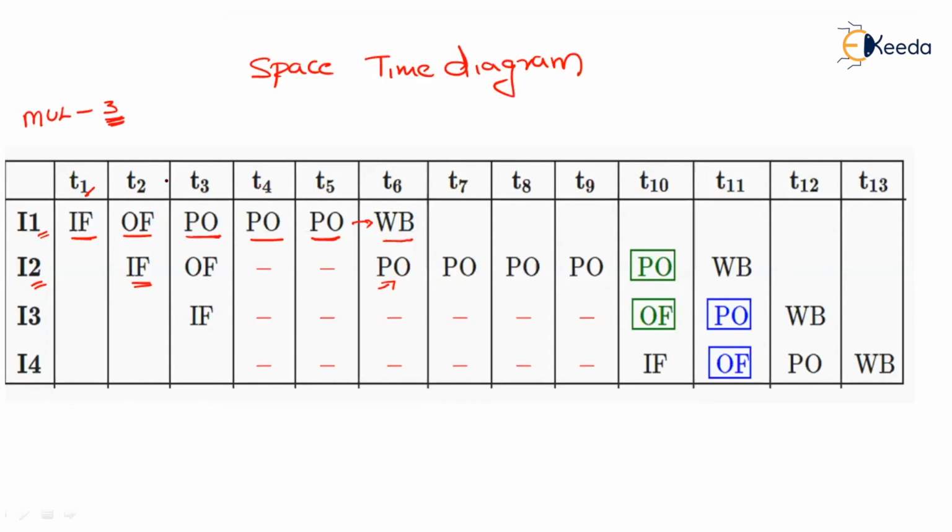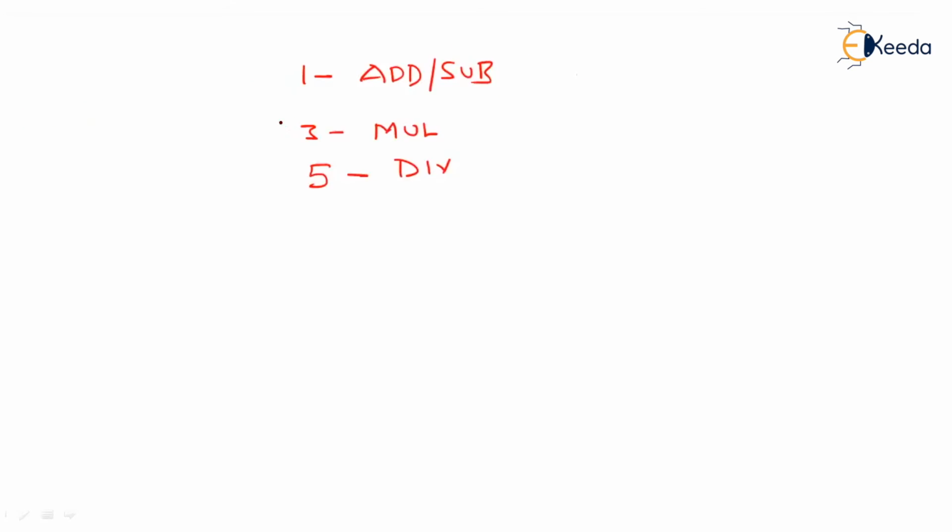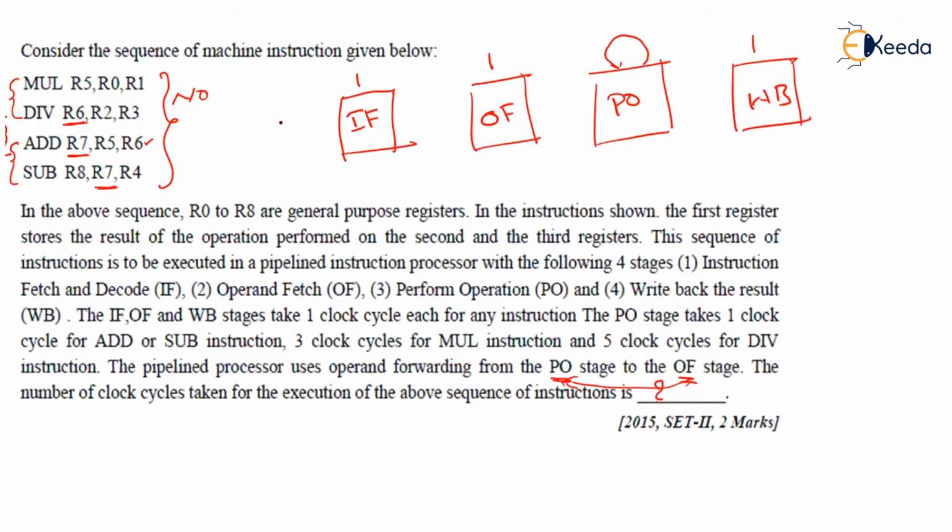Since I2 is a division instruction, it is going to spend 6 clock cycles in the perform the operation stage. That is 1, 2, 3, 4, 5. I think division is 5 clock cycles. Let me see again. Division is 5 clock cycles. Yes.